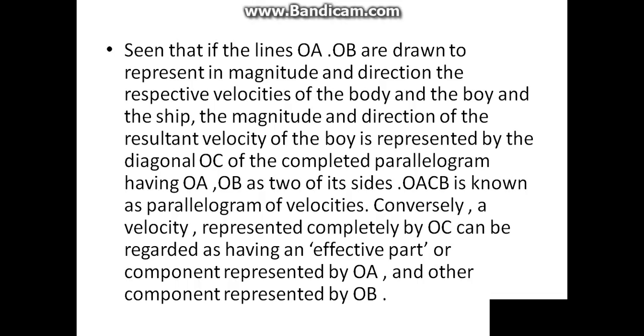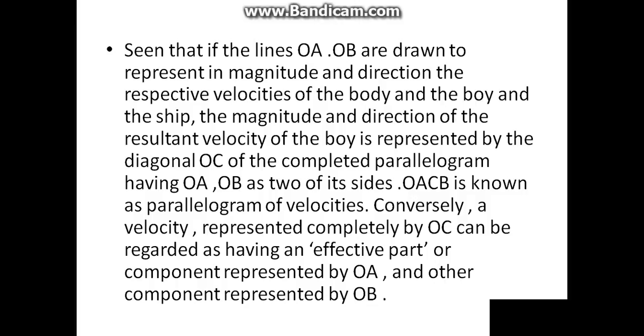It can now be seen that if the lines OA and OB are drawn to represent in magnitude and direction the respective velocities of the boy and the ship, the magnitude and direction of the resultant velocity of the boy is represented by the diagonal OC of the completed parallelogram having OA and OB as two of its sides.